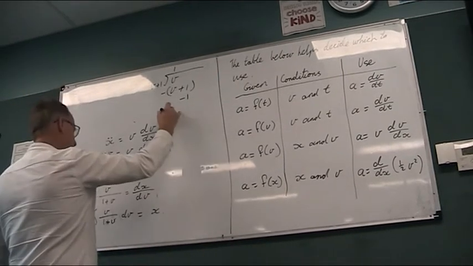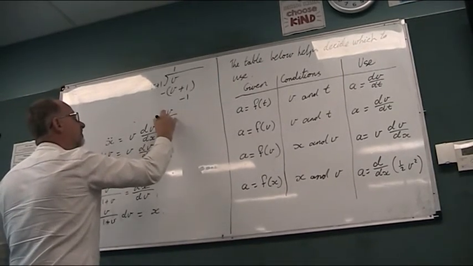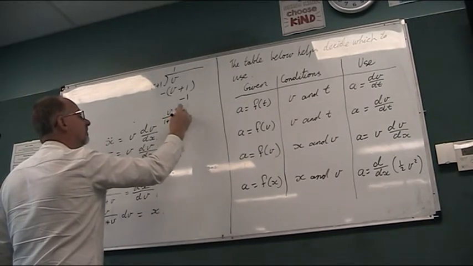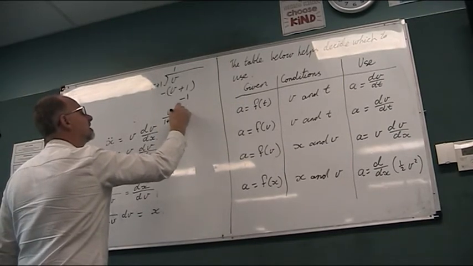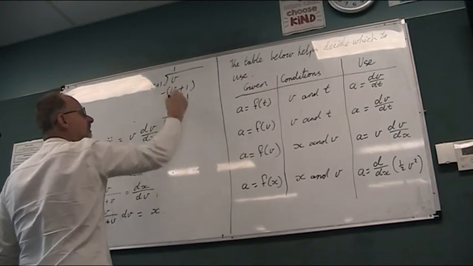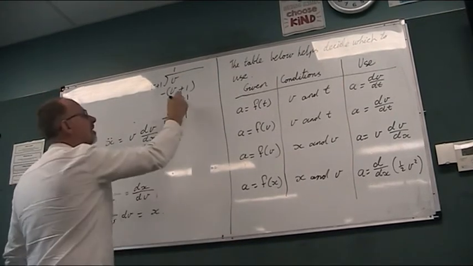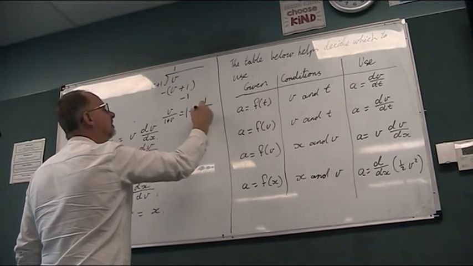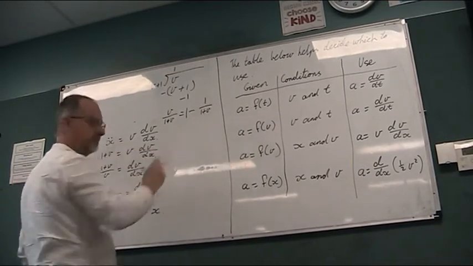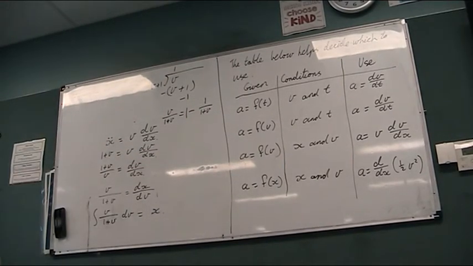So what that tells me is that v over 1 plus v is the same as 1 minus 1 over 1 plus v. Yes? No? Maybe?